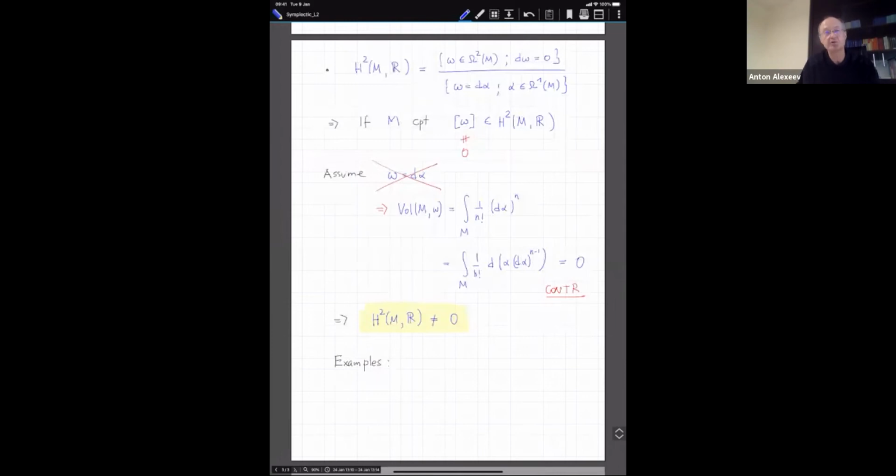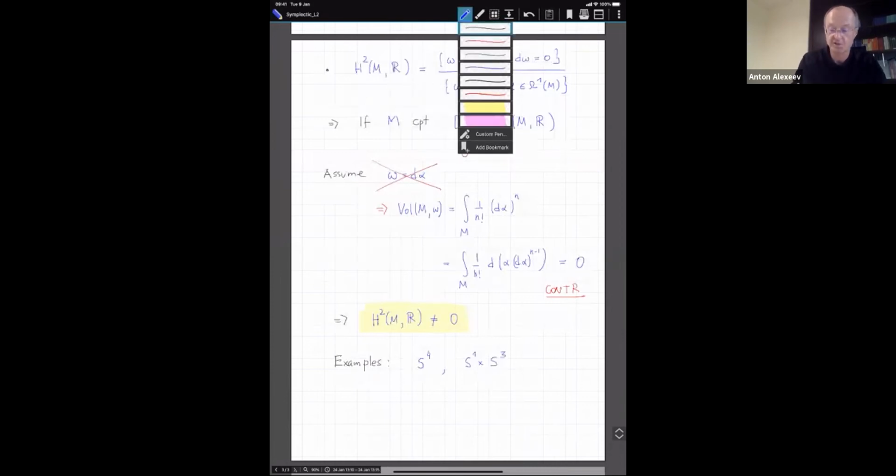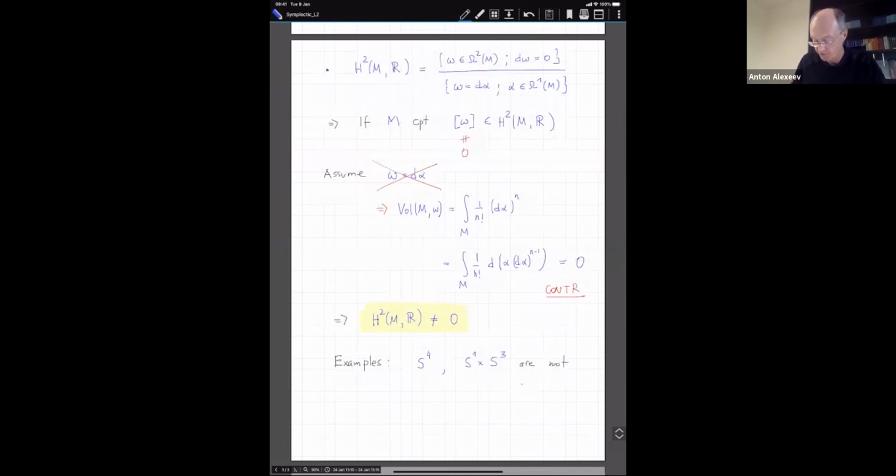We knew that symplectic manifolds must be even dimensional, but not all even dimensional manifolds are good. For instance, the sphere S4, or the Cartesian product of a circle and a sphere S3, cannot be symplectic, because they don't have non-vanishing H2.